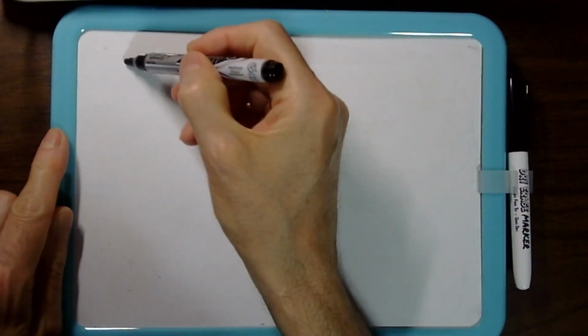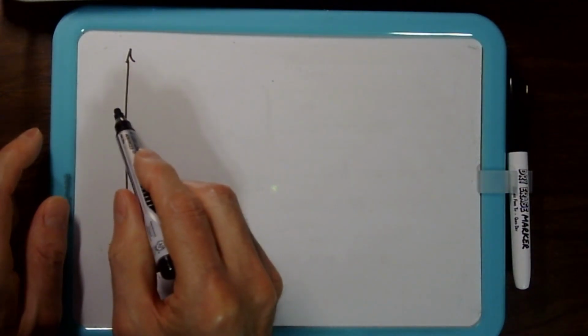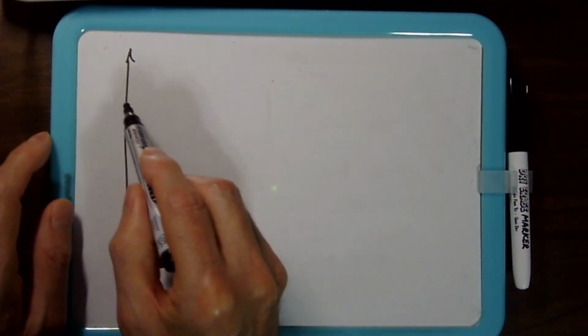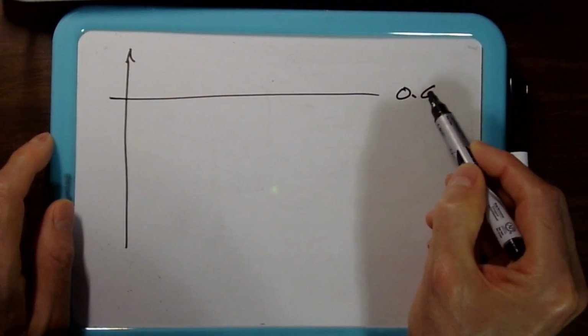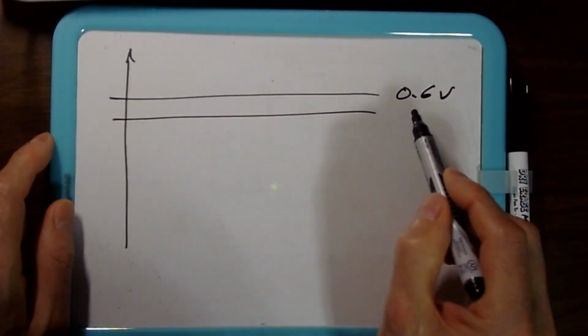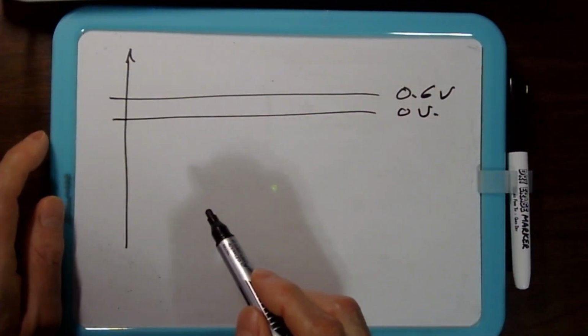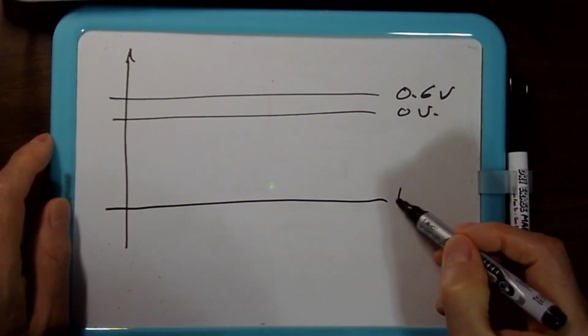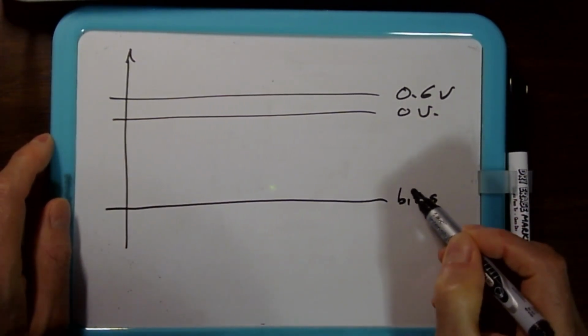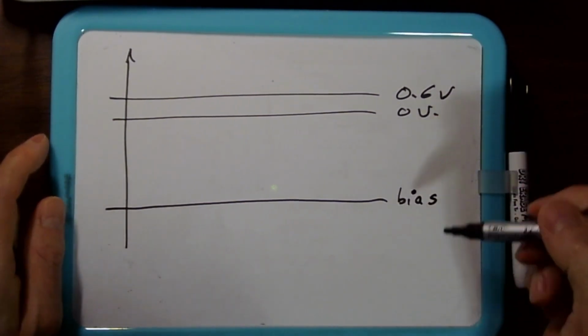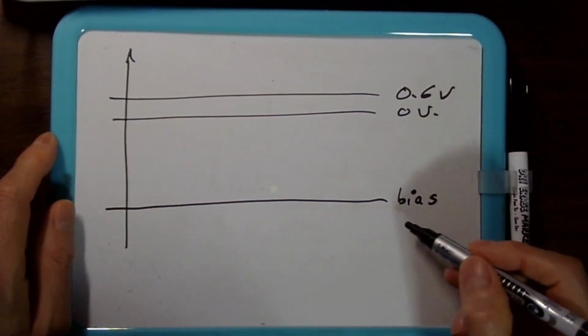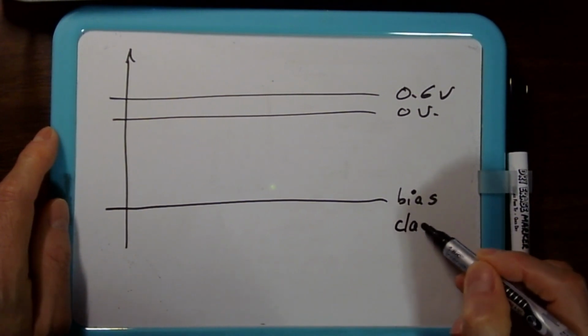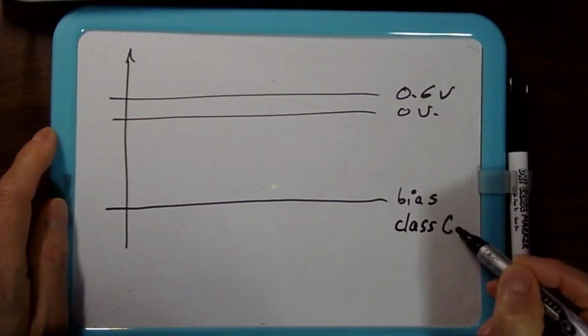Usually, if you look at just a regular oscillator, it would look like this. You would have the 0.6 volt, the 0 volt, and you would have your bias, which is pushed way down, so it's a class C. So that would be a regular oscillator.